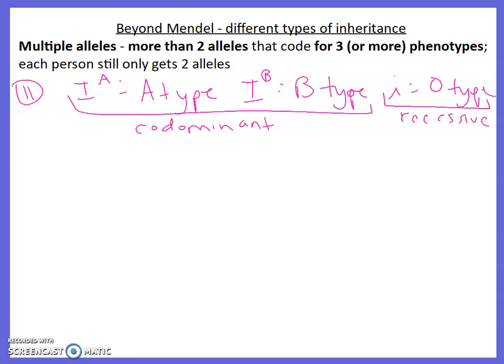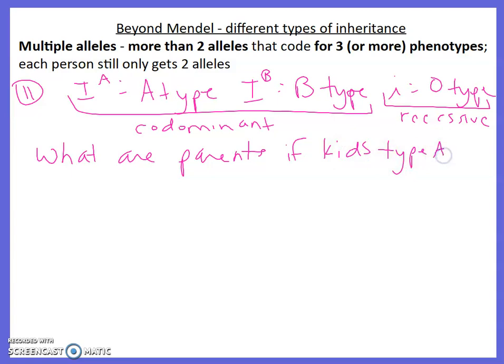All right, so in number 11, it says, what genotypic blood types must the parents have in order to produce offspring of blood types A and O? So what are the parents, if the kids are type A and type O?